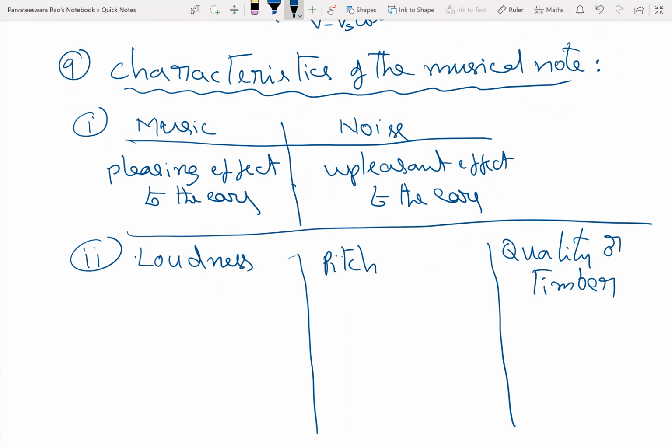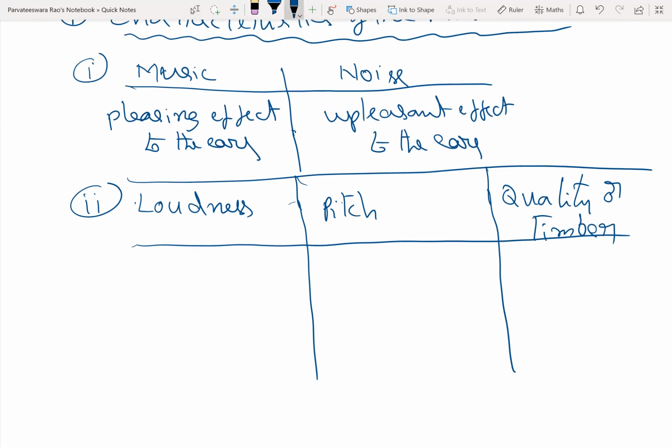So these are the 3 characteristics of a musical note. Loudness varies directly as log of intensity, and intensity varies directly as square of the amplitude.